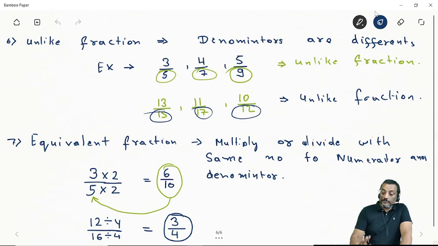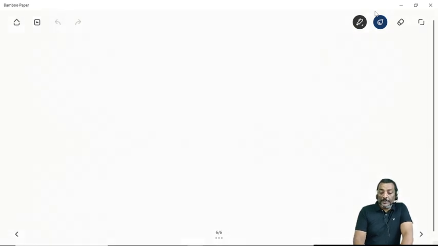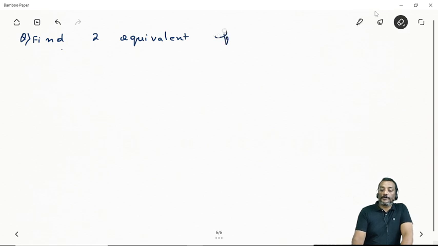Now sometimes in the examination they will give you a question, like: find two equivalent fractions of 3 over 7.